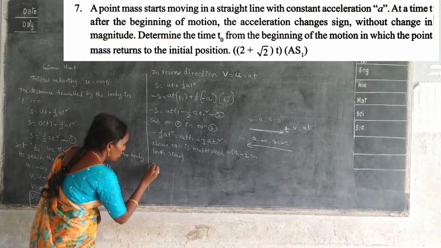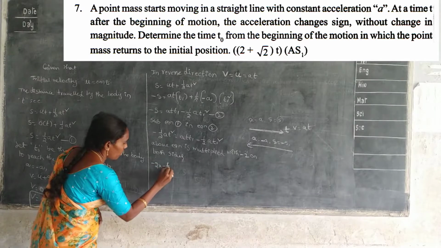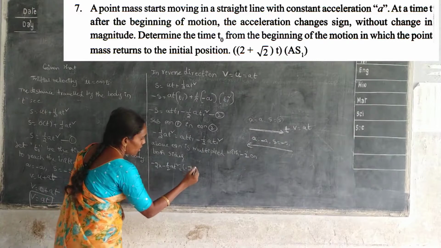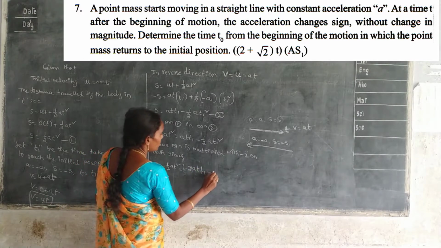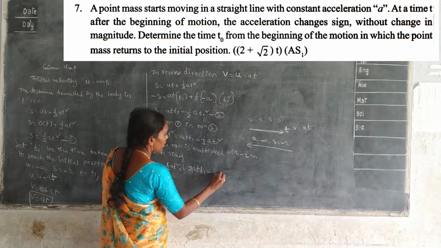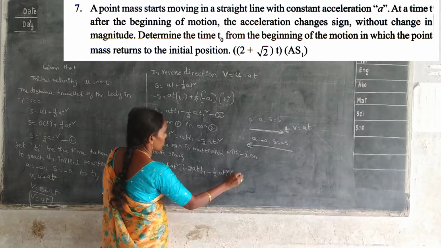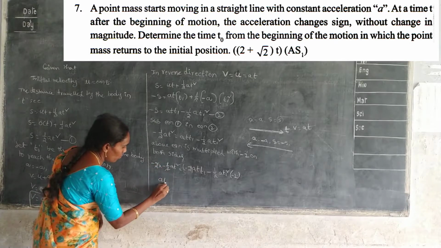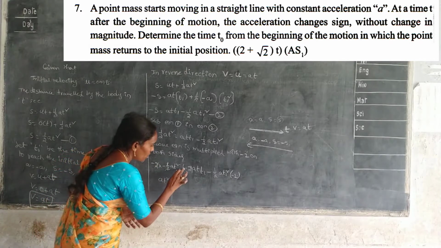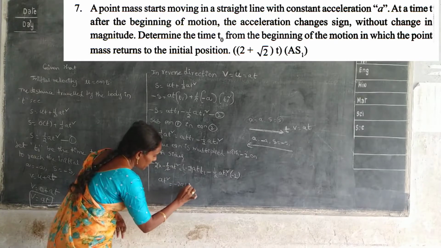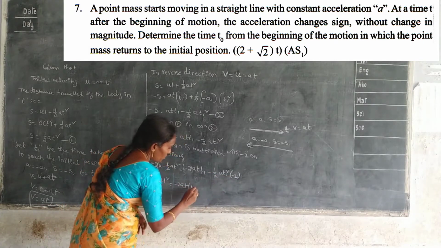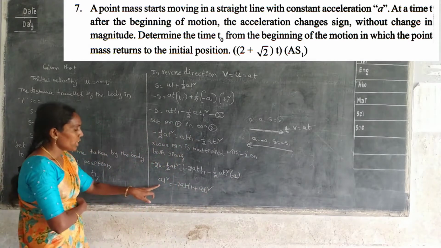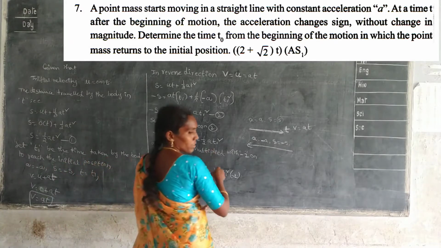Minus 2 into minus half at square, minus 2 into a t t1, minus half a t1 square into minus 2. Minus into minus, plus, and the 2 get cancelled. So at square is equal to minus 2 a t t1 plus a t1 square.